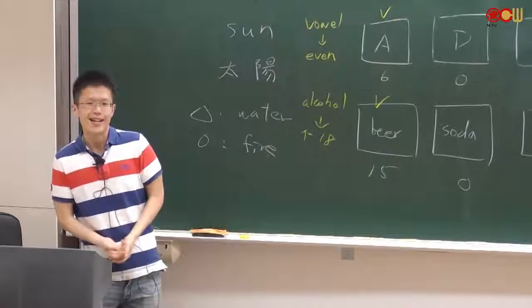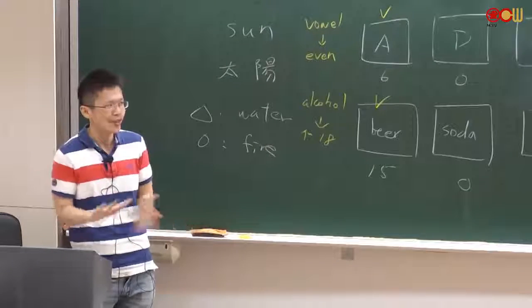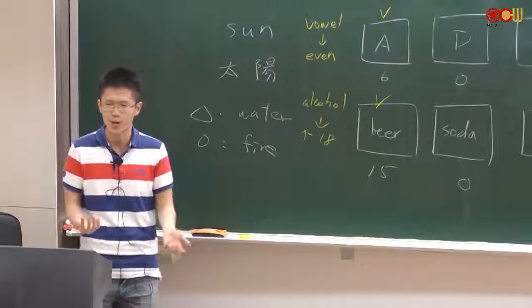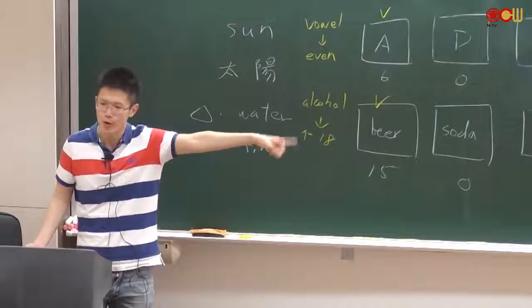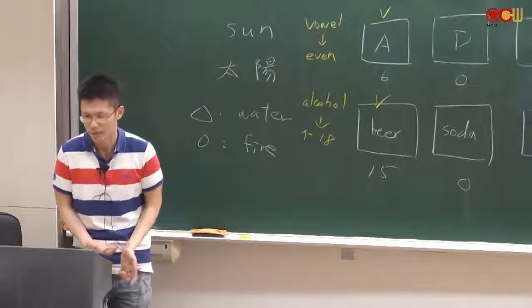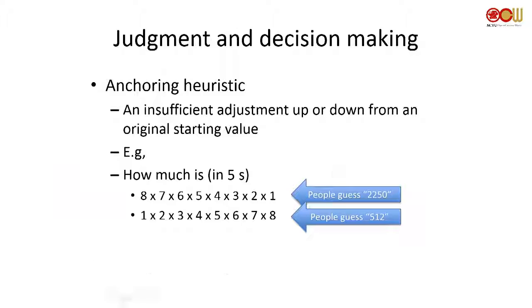But of course, in a psychology lab, you can't use too fancy stimuli or materials. You can only use boring materials like numbers and digits in order to avoid confounding variables. So in this published study, they asked subjects to estimate the value of 8 times 7 times 6 and so on and so forth up to 1. In another condition, they had to estimate the product of 1 times 2 times 3 and so on up to 8.